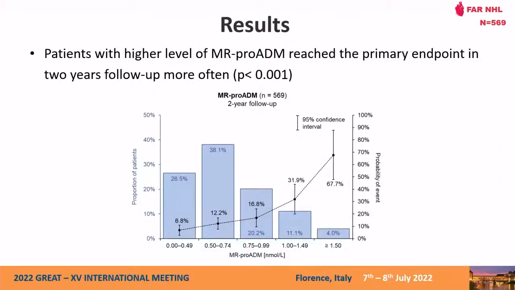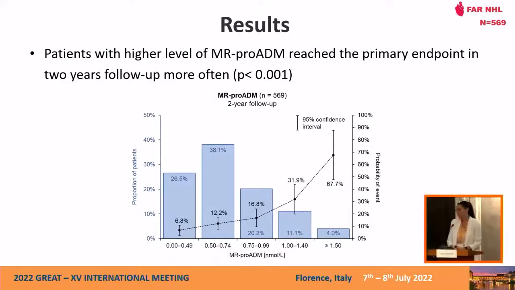And here are our results in the 2-year follow-up, and we see quite clearly that the patients with a high level of mid-regional proadrenomedullin reach the primary endpoint in the 2-year follow-up much more often than the patients with a lower level, which is displayed in this chart with the probability of the event.